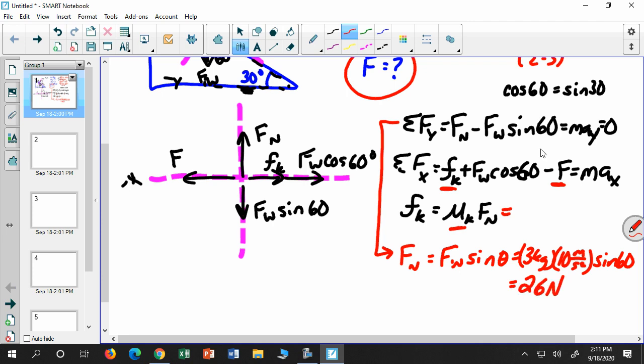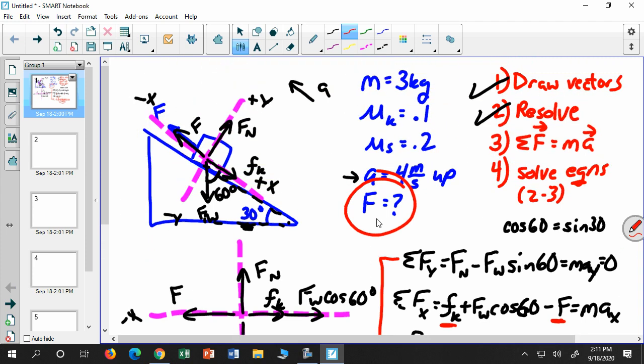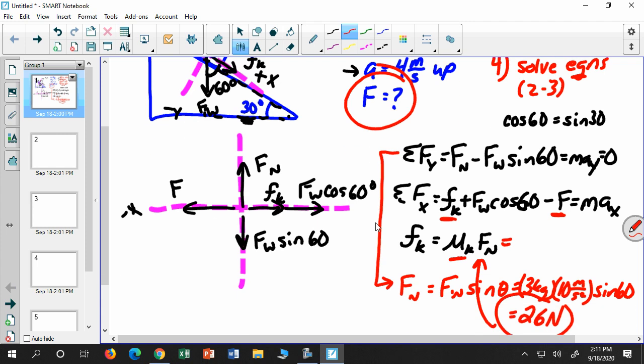My normal force is equal to 26 newtons. I can take this and put it up here because my kinetic frictional force is dependent upon the coefficient and on the normal force. If any one of those increases, that increases my frictional force. I know mu k was 0.1. So this is 0.1 times 26 newtons. So this is 2.6 newtons.